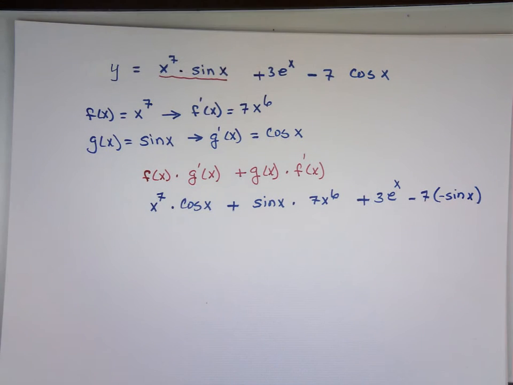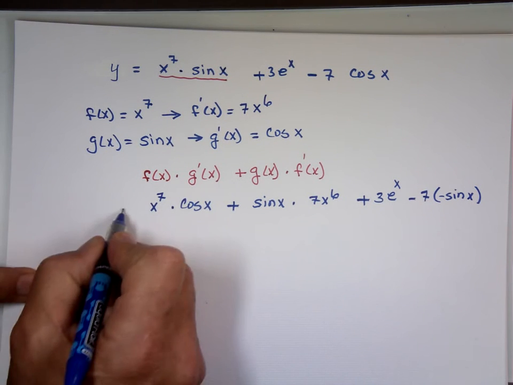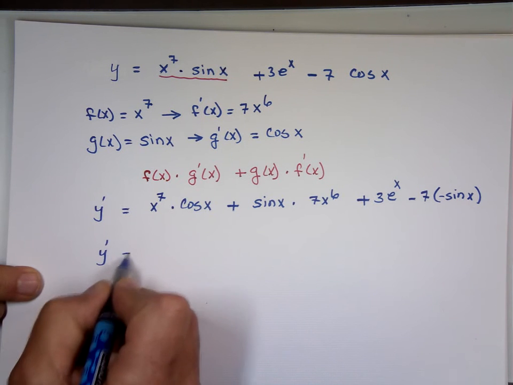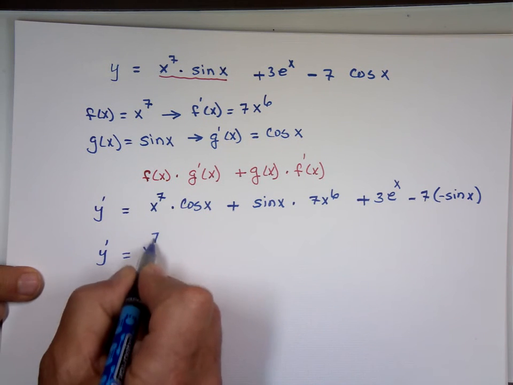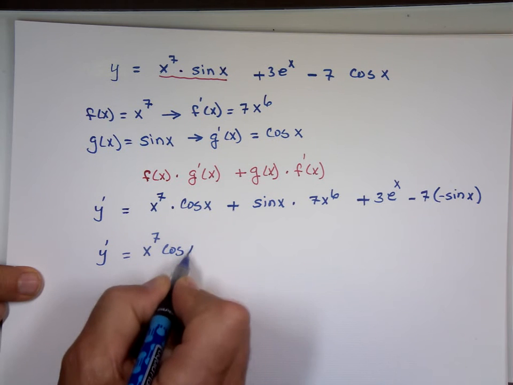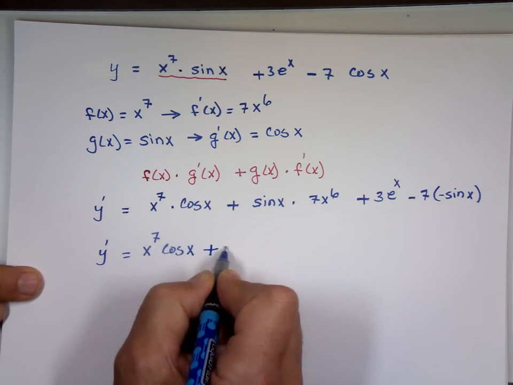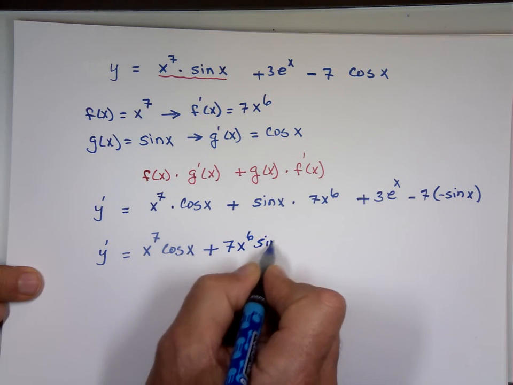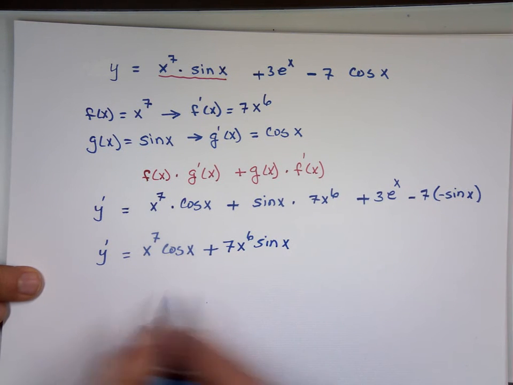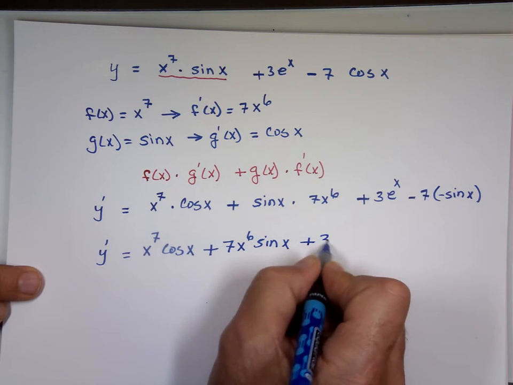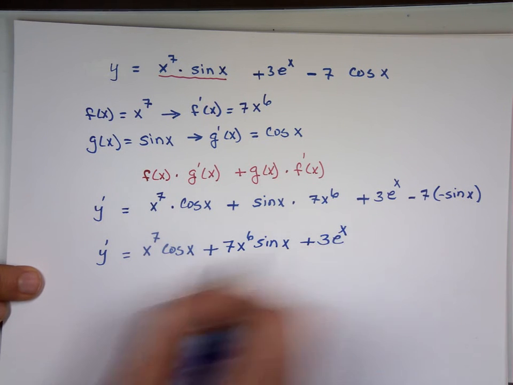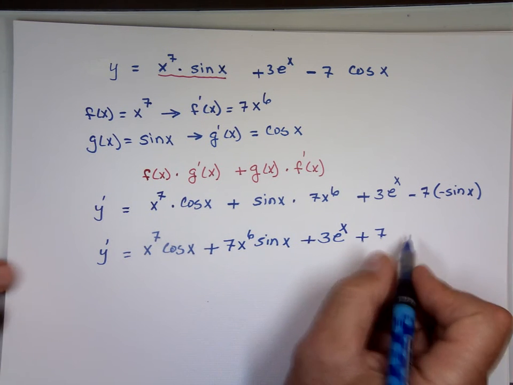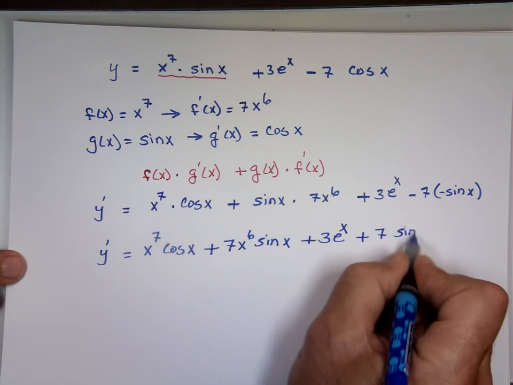And let's clean it just a little bit: x to the 7 cosine x plus 7x to the 6 sine of x plus 3e to the x plus 7 times what? Sine x.